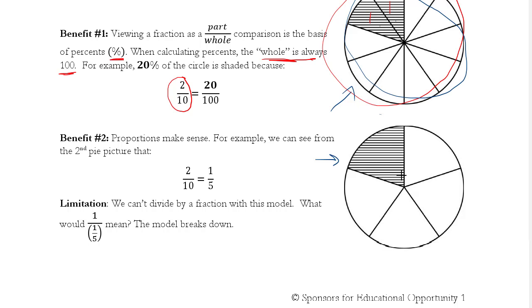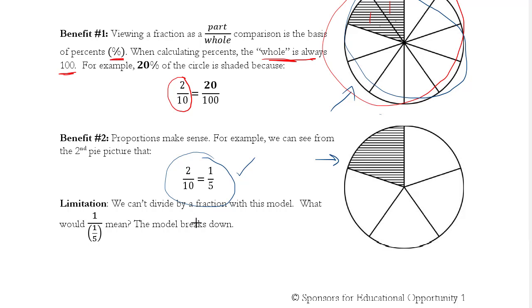It's the identical area, and in fact the proportion 2/10 equals 1/5. This right here is a proportion, which is an equation that says that 2 ratios are equal to each other. You could cross multiply if you wanted to verify that this proportion was indeed true. So this is actually true, right? And so we have a nice area model to look at it, and we can also use what we know about proportions.